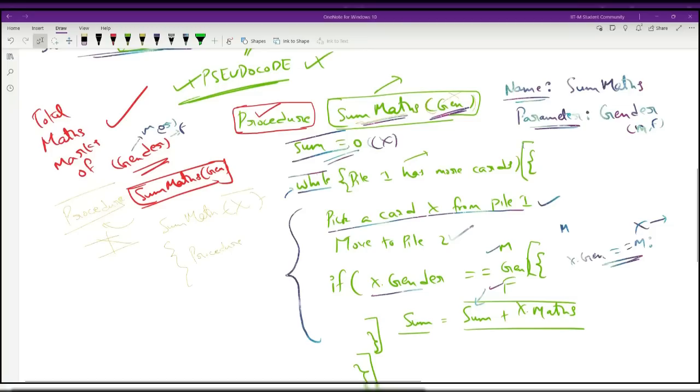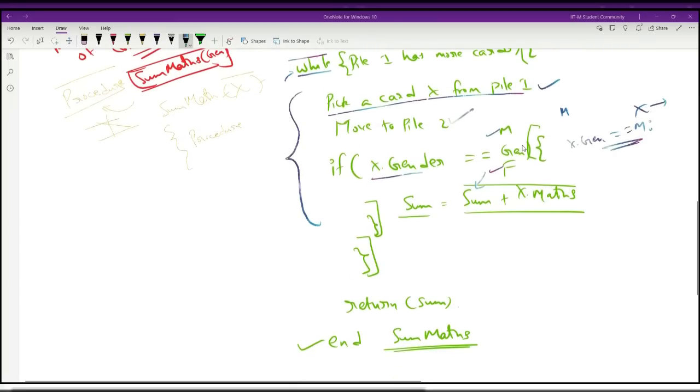Okay, fine. And now many of you answered that the name of the procedure is sum maths and the parameter being declared is male or female, or rather we could say that to be gender. And now, after moving to pile 2, we updated the sum with x dot maths.